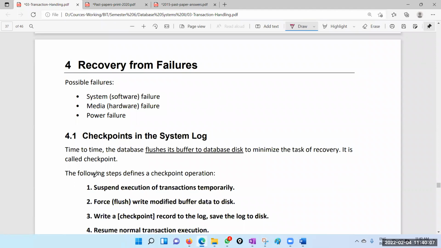Remember, one of the important aspects of transaction handling is what happens if a database fails, because a database can fail due to various reasons: hardware issues, software issues, maybe a virus attack, or maybe corruption of your operating system, or maybe a resource issue, memory issue, or processor issue, and your computer hangs, because those things can happen in a production environment where a lot of transactions are happening.